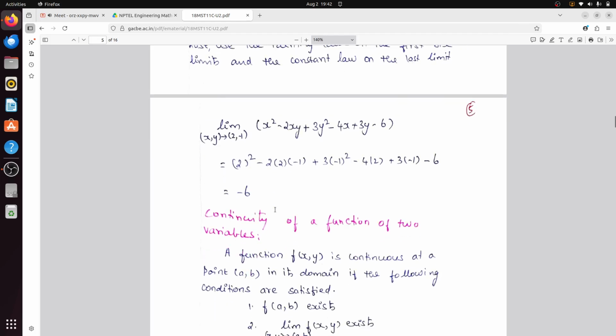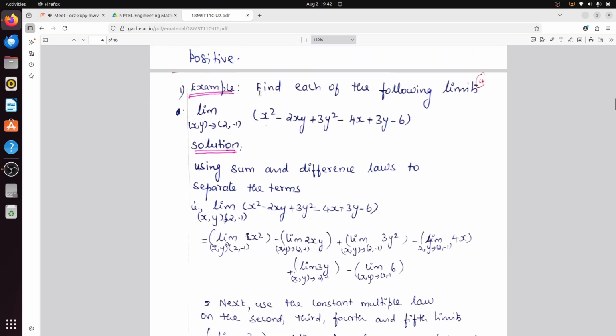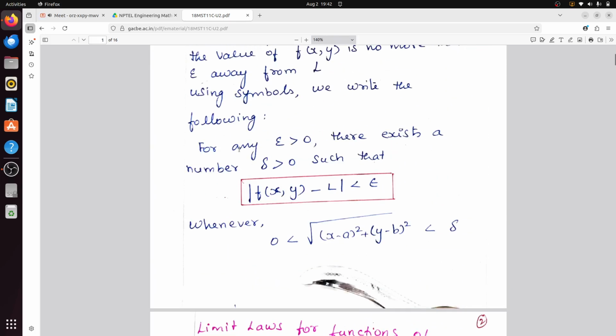So, continuity of a function of two variables. A function f(x,y) is continuous at a point (a,b) in its domain if the following condition is satisfied: f(a,b) exists, the limit exists, and the limit as (x,y) tends to (a,b) of f(x,y) equals f(a,b). For the epsilon delta definition of continuity, for any epsilon greater than 0 there exists a number delta greater than 0 such that the modulus of f(x,y) minus f(a,b) is less than epsilon whenever the square root of (x minus a) whole squared plus (y minus b) whole squared is less than delta.